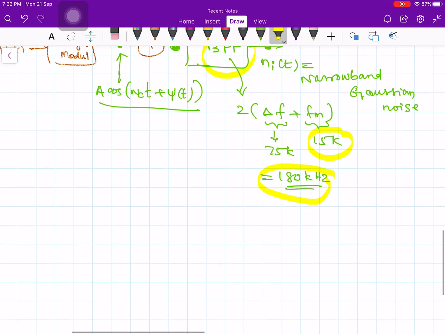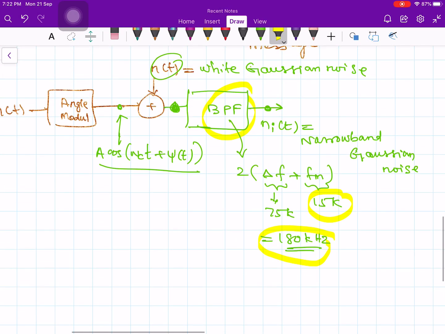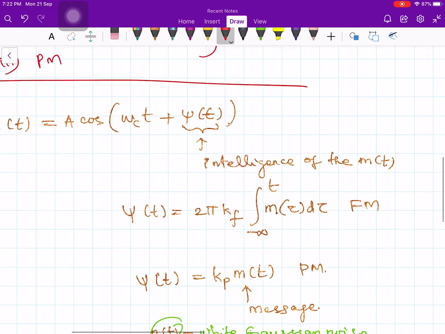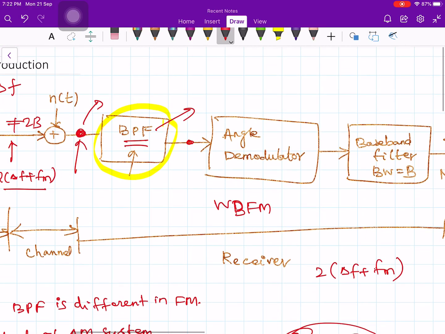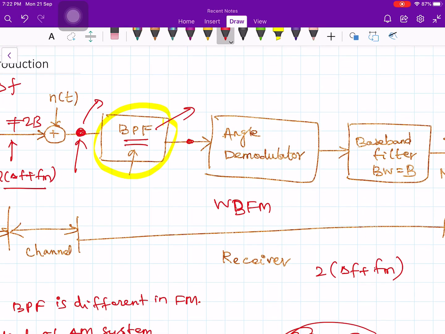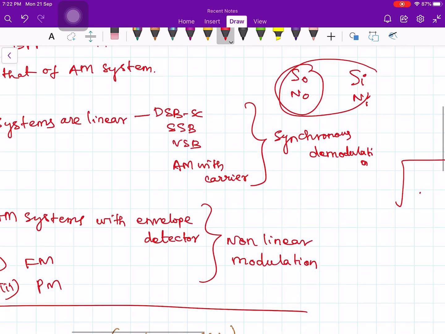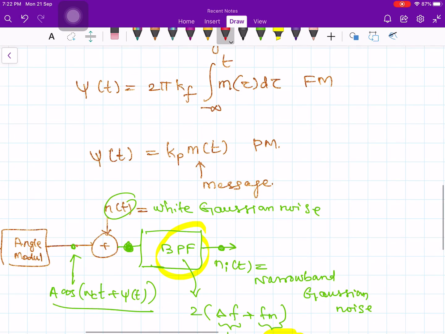Now this is given to the demodulator. If you go back to the block diagram, you can see that the output of the band pass filter is given to the angle demodulator. So you put an angle demodulator. At this point, I need to calculate Si and n suffix i.